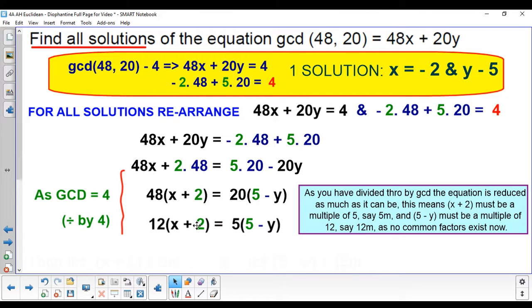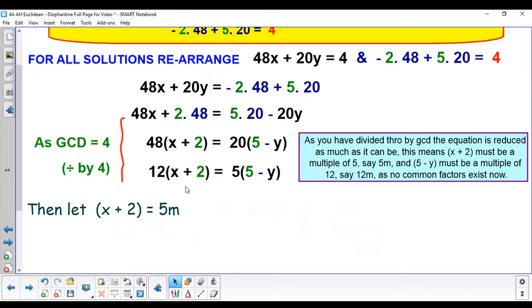And equally, if this is 12 times something, then the 5 must be multiplied by 12 to balance it out. So what we're going to do is call the x plus 2 equal to 5m, because it's a multiple of 5 and we don't know what the value is, and the 5 take y is a multiple of 12. There's no common factors, it's reduced as much as it can. So let x plus 2 equal 5m, so then you can represent x as 5m take 2.